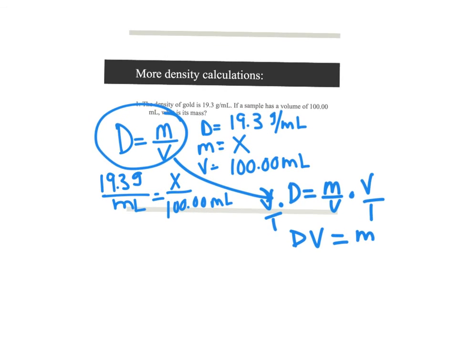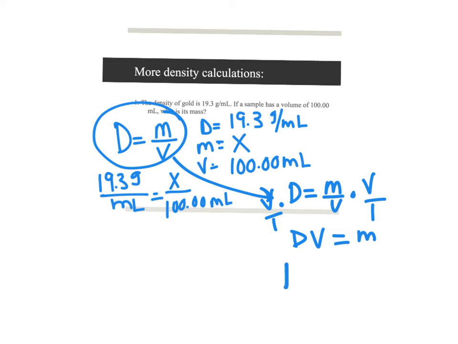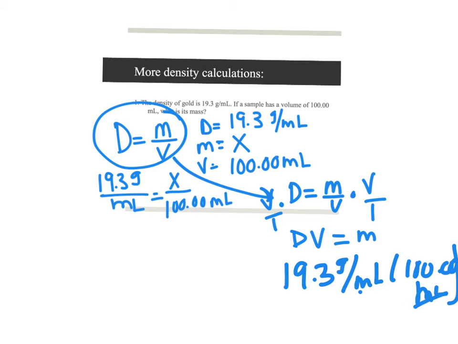So I would have 19.3 grams per milliliter times 100 milliliters. And then my milliliters units would cancel because one is on the top of the fraction, one's on the bottom, leaving me with grams, and I could solve.